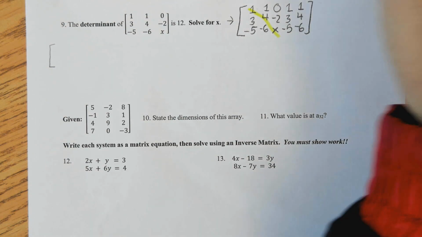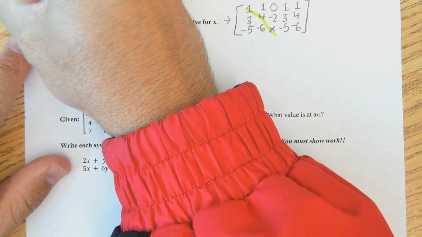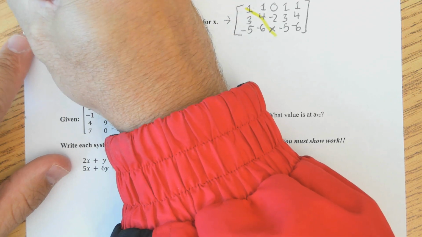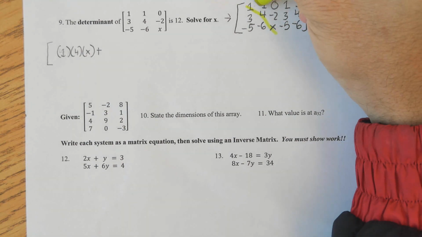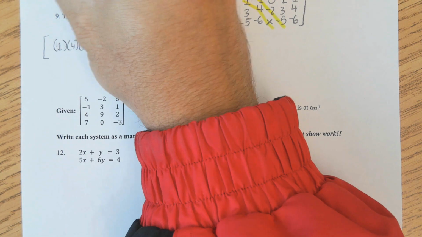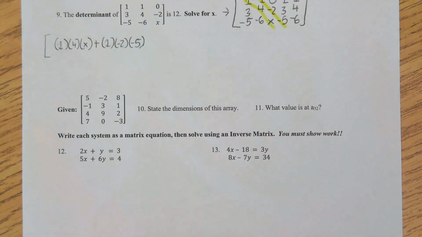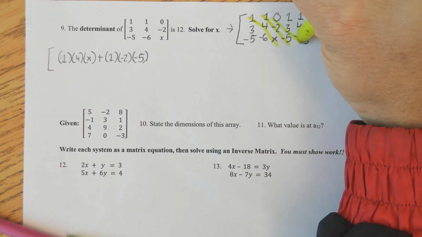So 1 times 4 times x, that's going to be just 4x. Or actually, I'll break it all the way down. Let's do it that way. So we're going to do 1 times 4 times x plus 1 times 2 times negative 5.